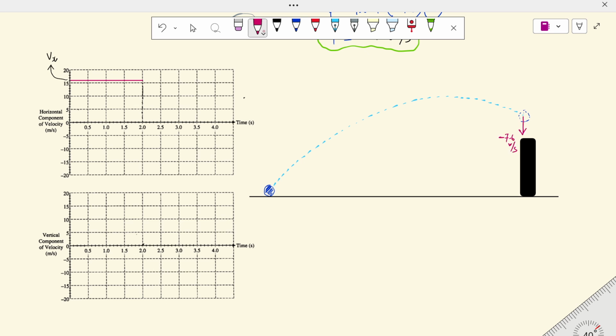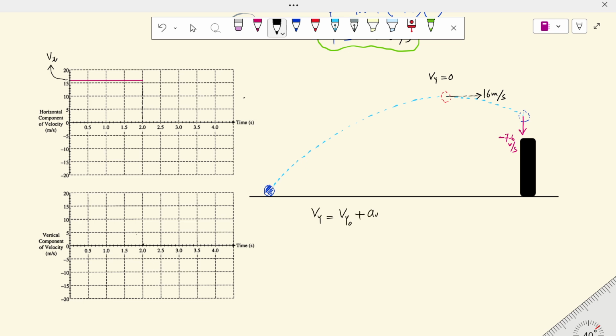But at the maximum height, the ball has an x component of velocity, no doubt, but what about the y component of velocity? That is zero. So if I want to know at what time this line must pass through the x-axis, you simply use this equation again.